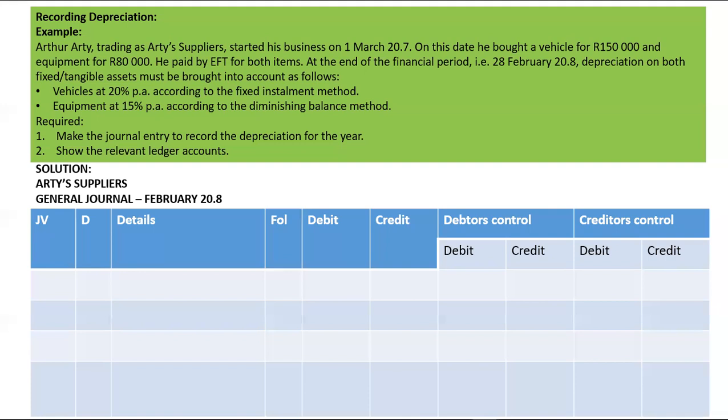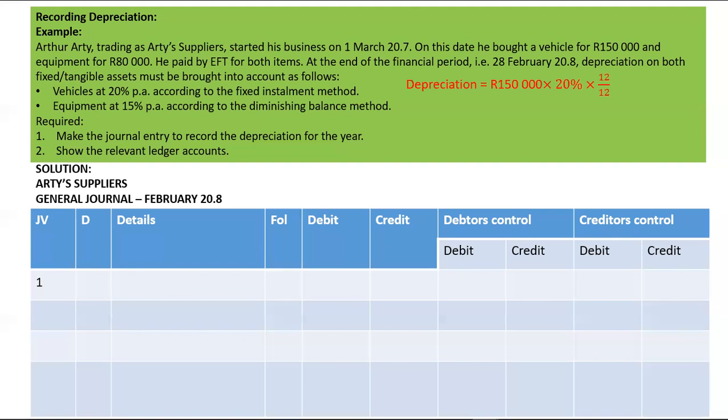Now, we'll start with vehicles. I will simply take the cost price of vehicles, which is 150,000, multiply it by 20% and multiply it by 12 over 12. Know that I'm multiplying by 12 over 12 because for the financial year that starts on the 1st of March 20.7 to the 28th of February 20.8, we used this vehicle for the entire financial year.